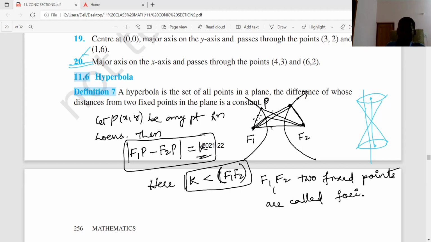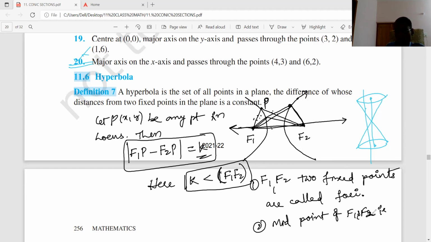Now this is the line joining F1 and F2. Second is the midpoint. Next comes the midpoint of F1 and F2, which is called the center, the center of the hyperbola.